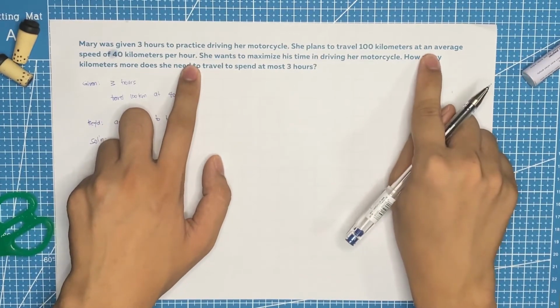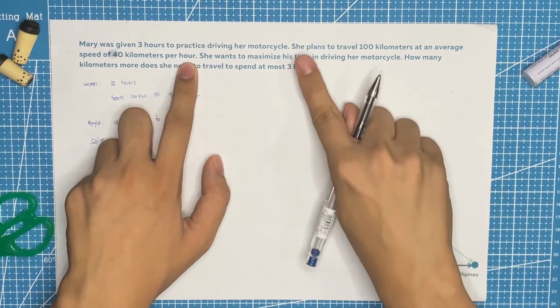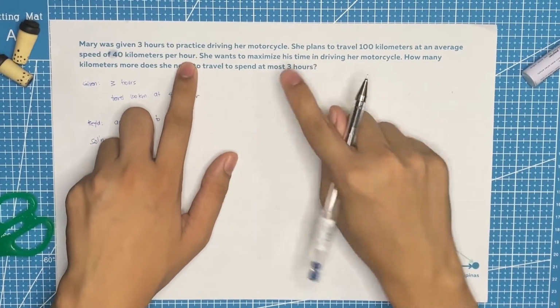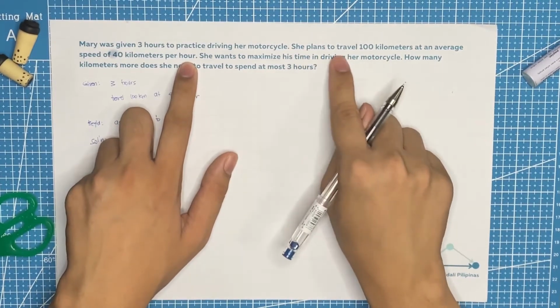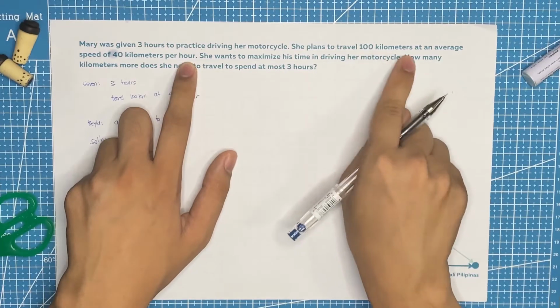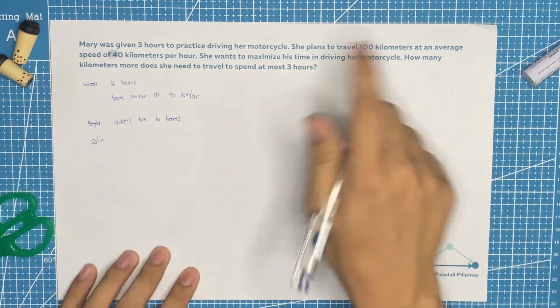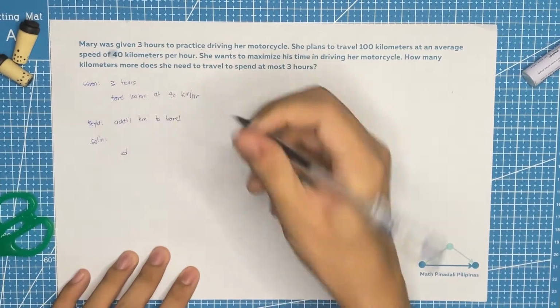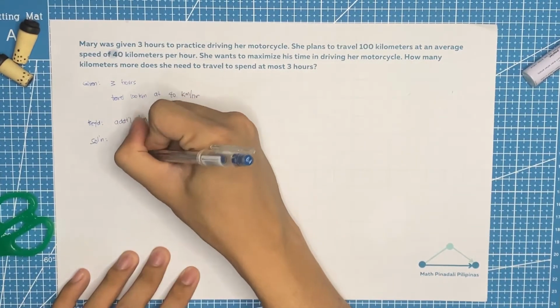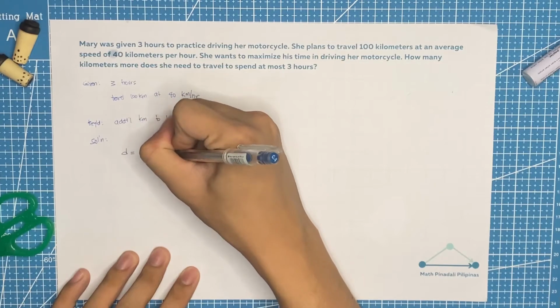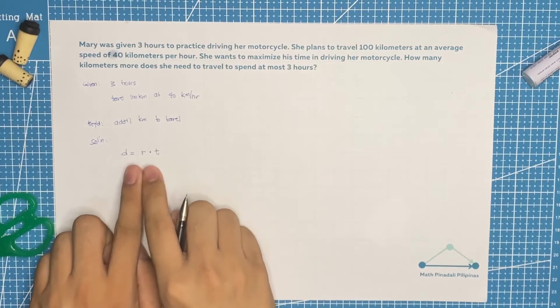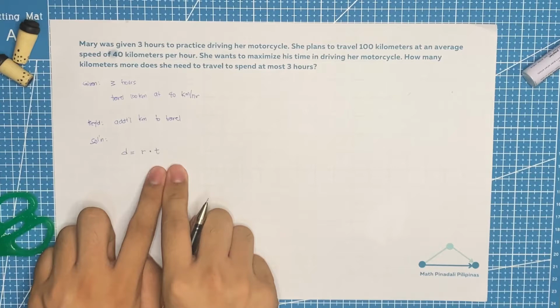Now, what we're going to do is check if ilang oras na ba yung magagamit niya when she travels this 100 kilometers at 40 kilometers per hour. So, let's write down our formula. That's distance equals rate times time, or speed times time.